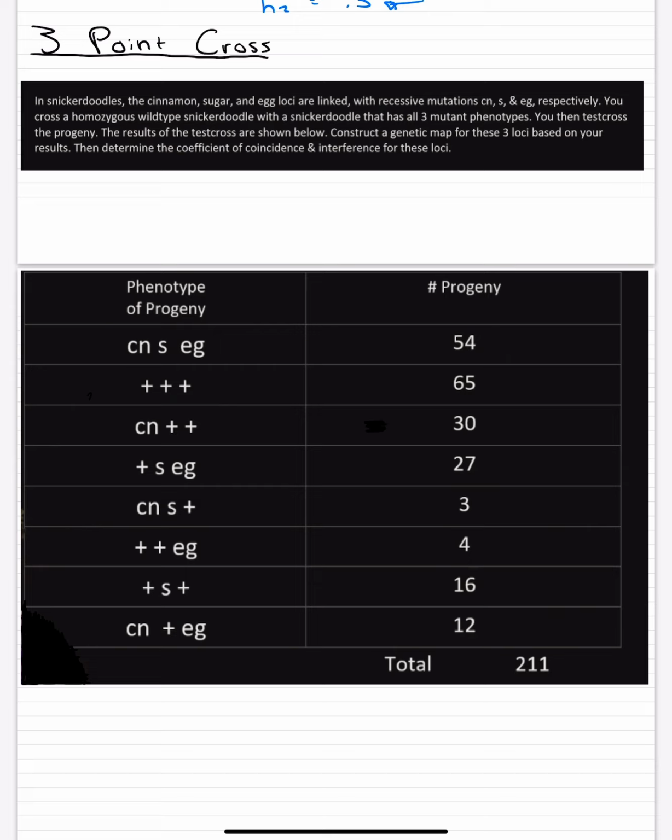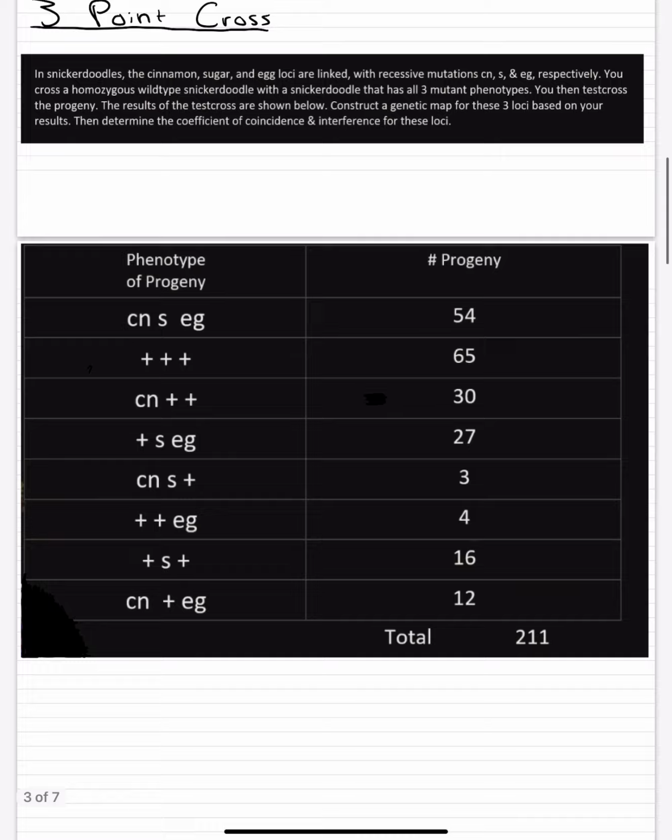You cross a homozygous wild-type snickerdoodle with a snickerdoodle that has all 3 mutant phenotypes. You then test cross the progeny. The results of the test cross are shown below. Construct a genetic map for these 3 loci based on your results. Then determine the coefficient of coincidence and interference for these loci.